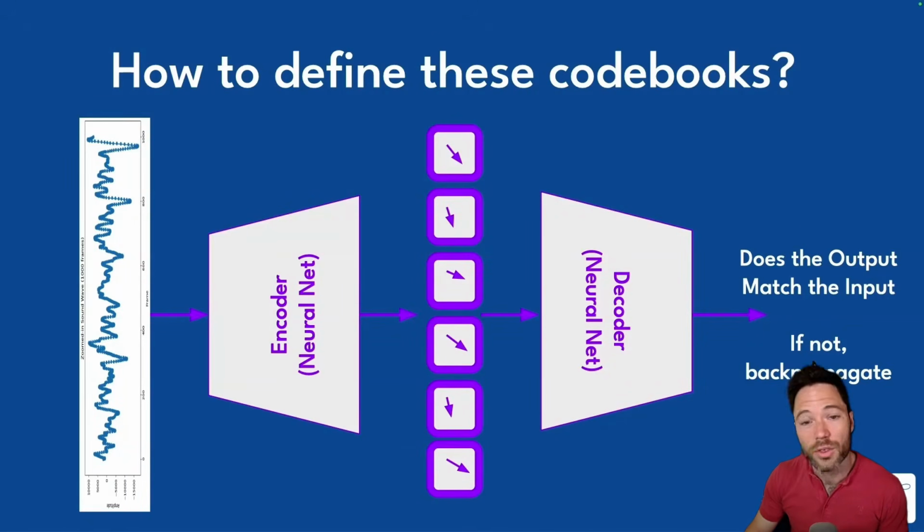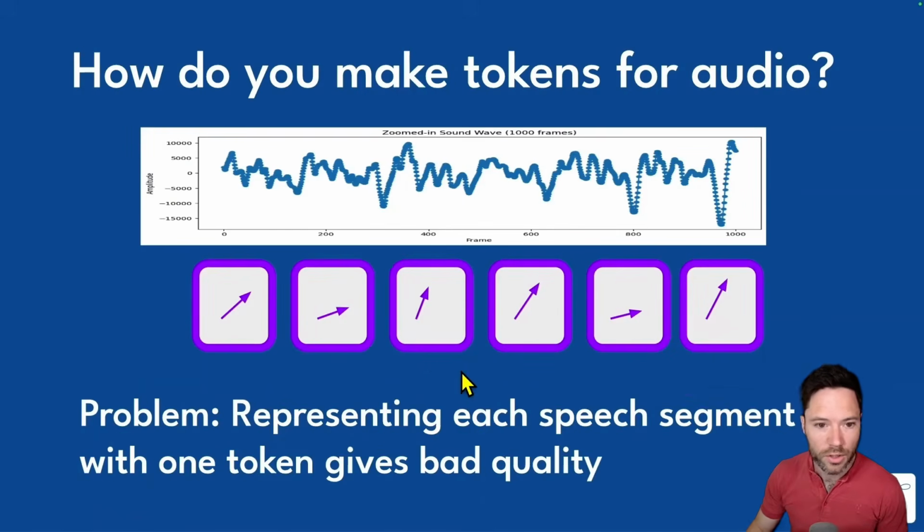And to the extent it doesn't match, you will use that difference or the loss to backpropagate and update these weights here. So it is possible, given sufficient data on sound waves, to then train a codebook so you can represent that sound in a discrete form. Now, it turns out if you use that approach, you can represent sound using a codebook, but it turns out insufficient to just have one token for each time step.